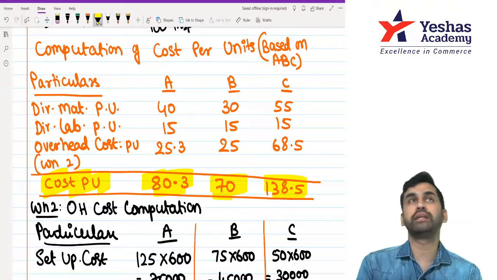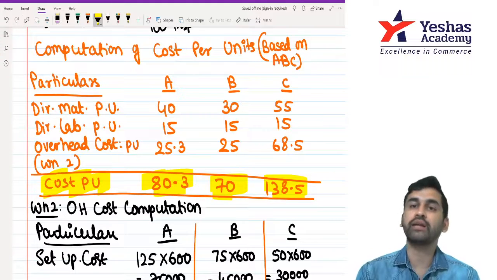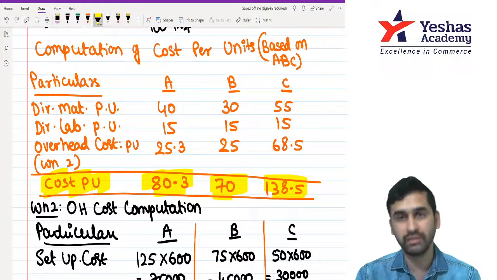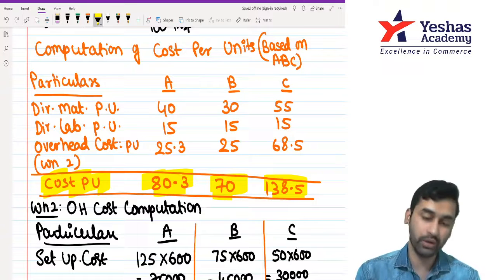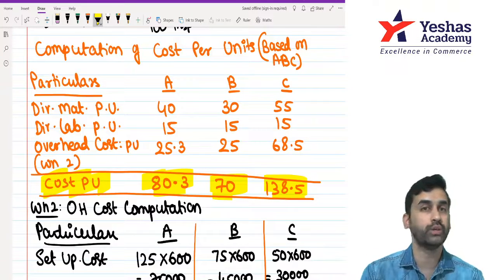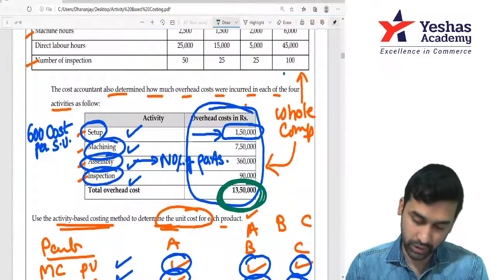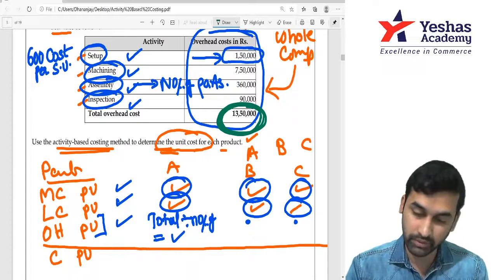Done. So we basically calculated cost per cost drivers. Then we calculated overhead cost per unit of A, B and C, and then we took that in our main answer to calculate cost per unit. That's it. Done. Let me go back to the question and see what was asked, and then we'll get to know whether we have completed the answer.